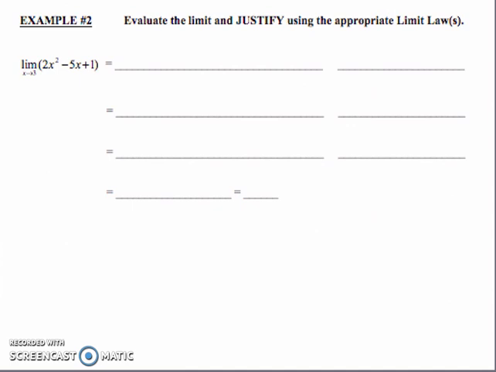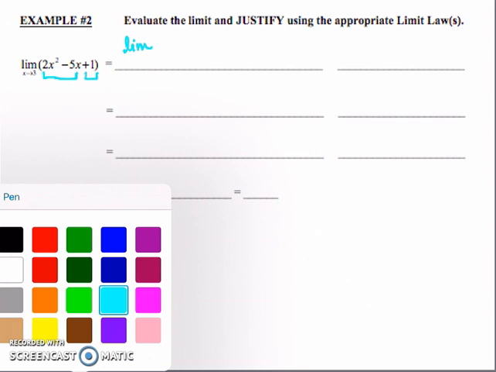So the first thing that I'm going to do is break this apart. The limit of a sum is equal to the sum of the limits. So basically, I'm just going to separate the 2x squared minus 5x from this positive 1. That's going to be my first step.